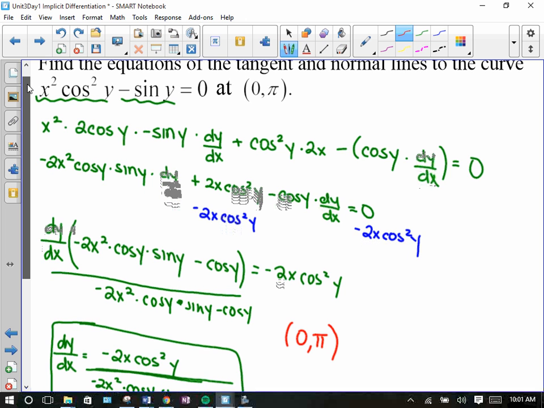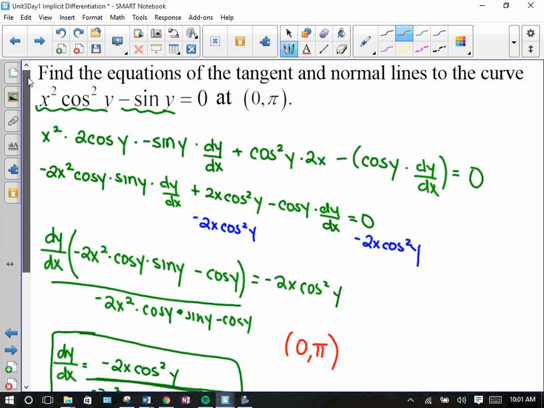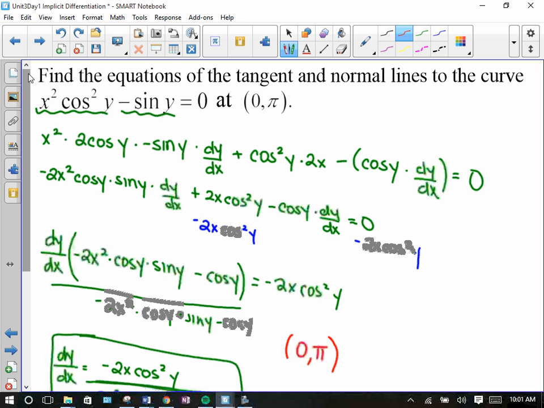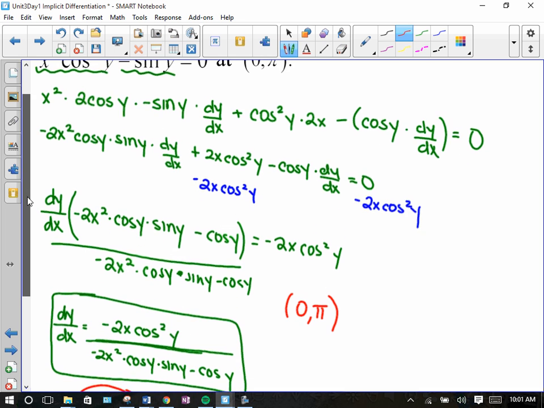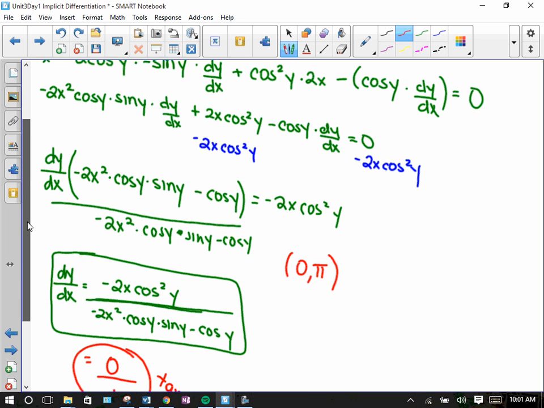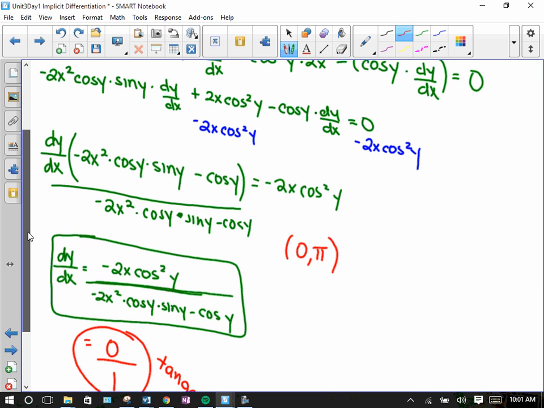I understand it on the slope. What am I supposed to do with 0?